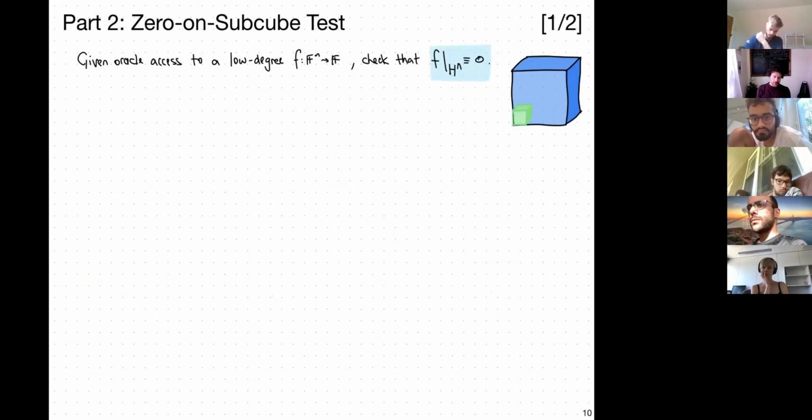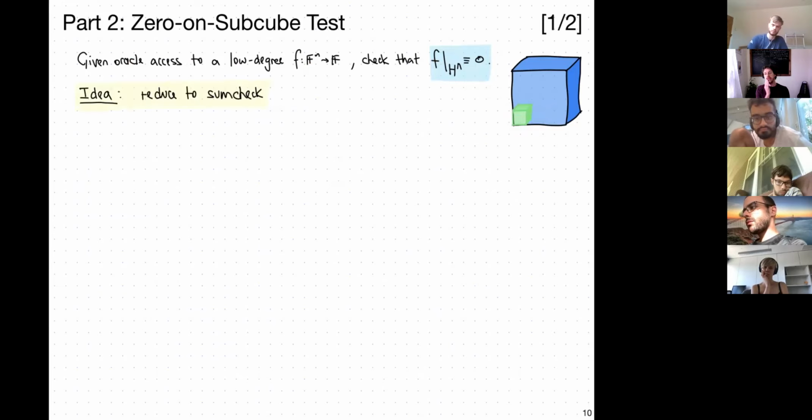So you get oracle access to some low degree function f from F^n to F. Think about H to the n as being this green subcube. And our goal in life now is just to say, I want to make sure that the function takes the value 0 everywhere on this subcube, right? Just like an abstraction of the problem that we've seen before.